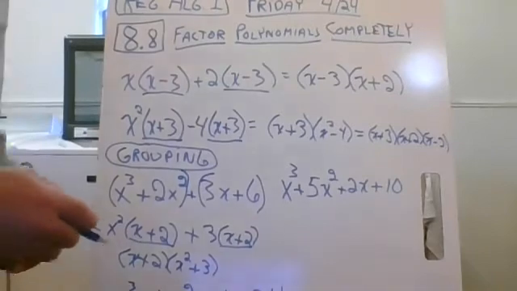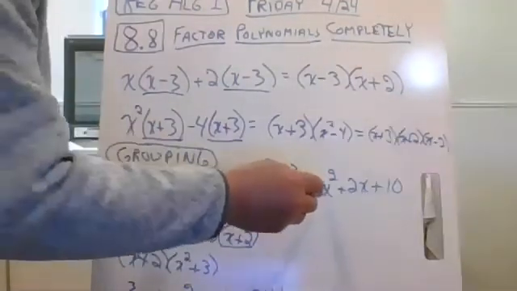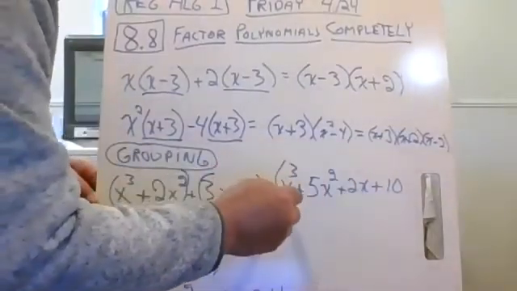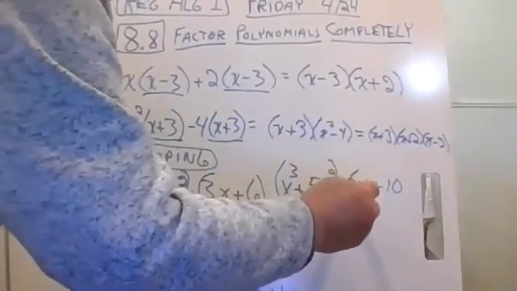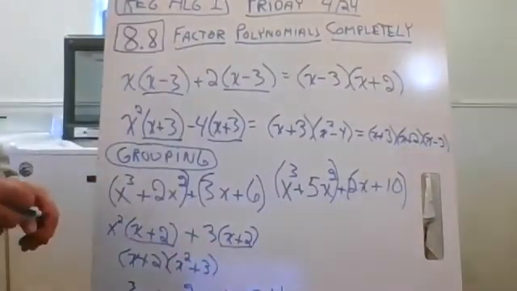All right, let's do another one. Let's do this one. Again, there's no GCF here. And so we group the first 2 with parentheses and group the second 2 with parentheses.